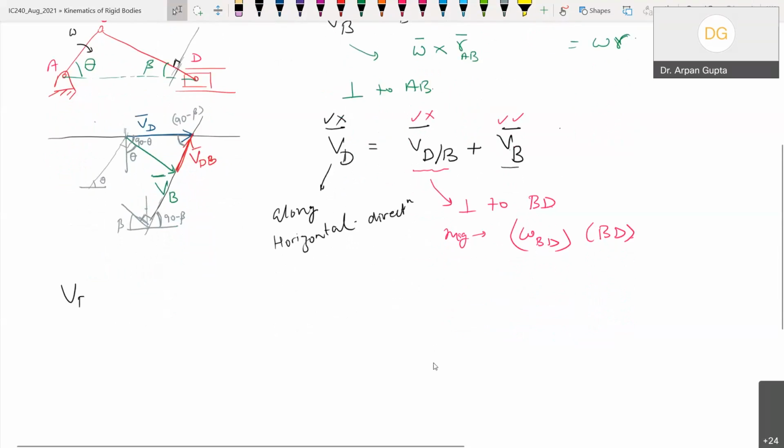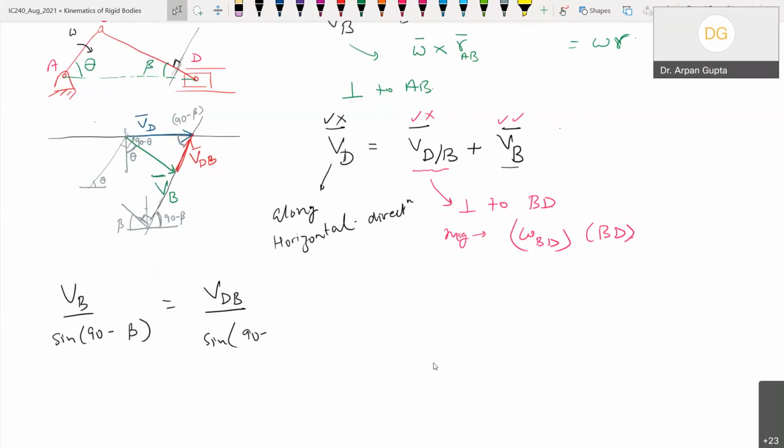So I can write that the VB magnitude divided by sine of 90 minus beta is equal to VDB divided by sine of 90 minus theta, is equal to VD divided by sine of 180 minus theta plus beta. So this will be sine of theta plus beta. Right? So 180 minus this angle plus this angle, it becomes theta plus beta.